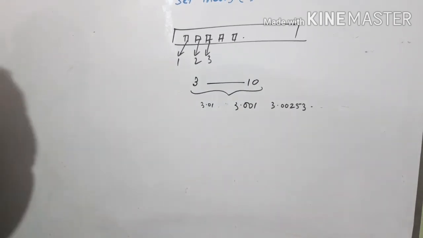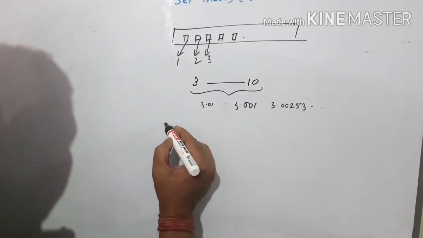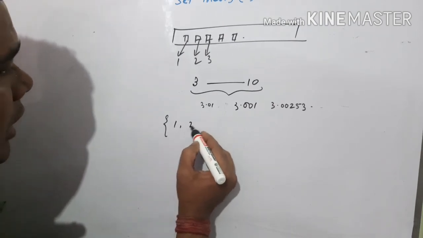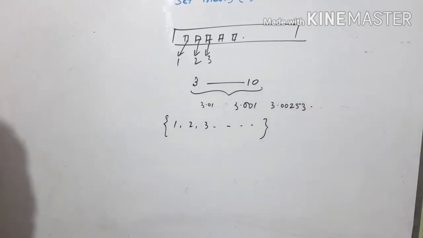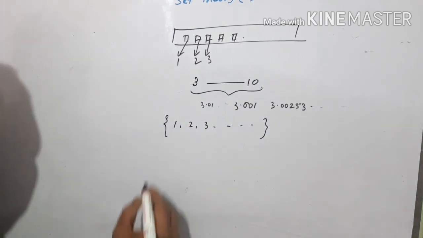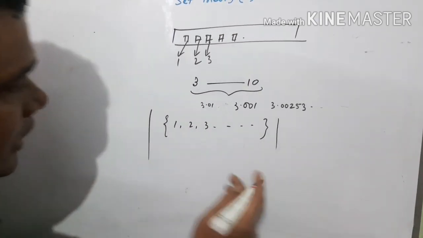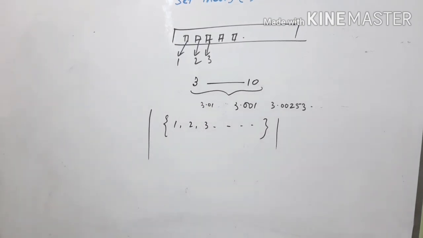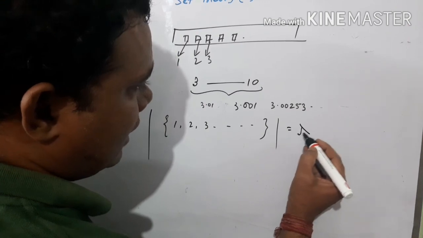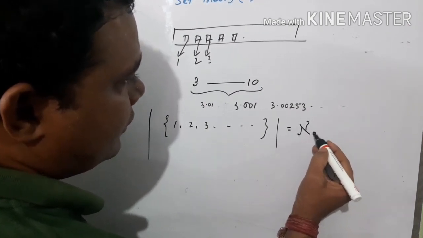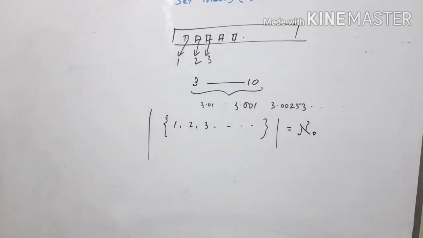Now see, if we consider the set of natural numbers, that is 1, 2, 3, dot dot dot, it goes up to infinity. Clear? The cardinality of the set of natural numbers, also denoted by a modulus sign, is called Aleph null.